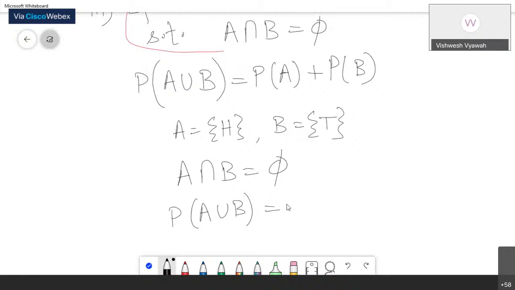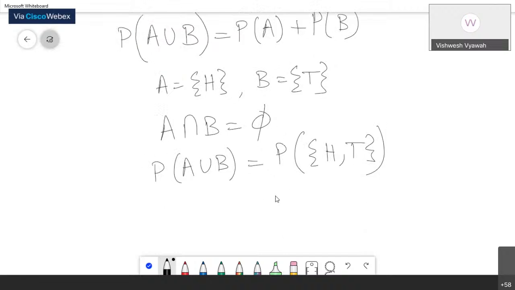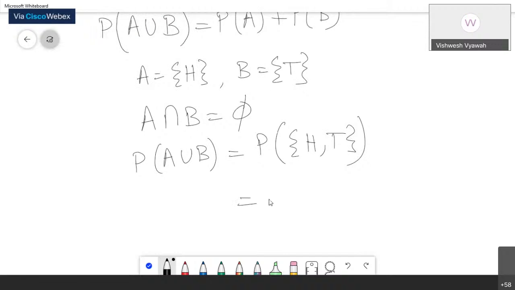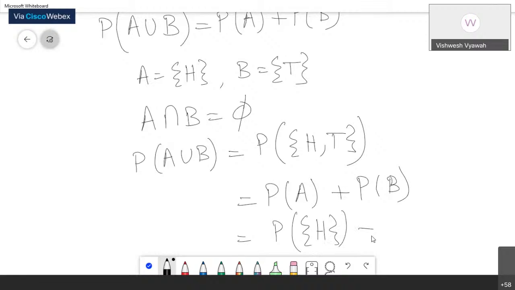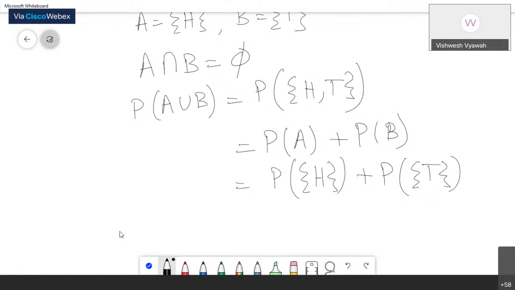A is H, B is T. So probability of H comma T. You agree? It says that it is equal to probability of A plus probability of B, because they don't have any common elements. So it is probability of only H plus probability of only T. You go ahead with this. This is what you have understood.